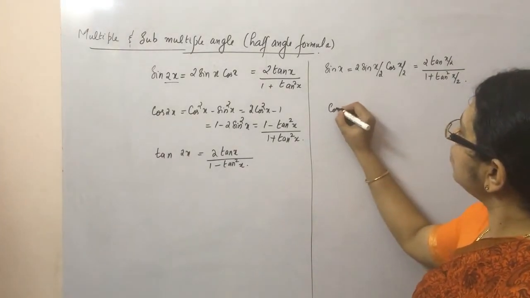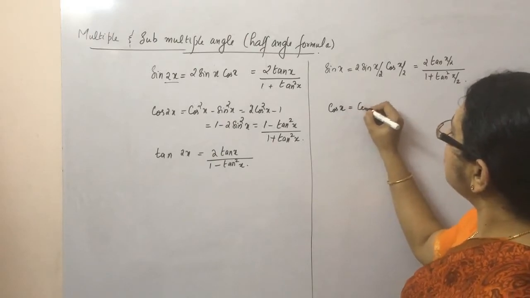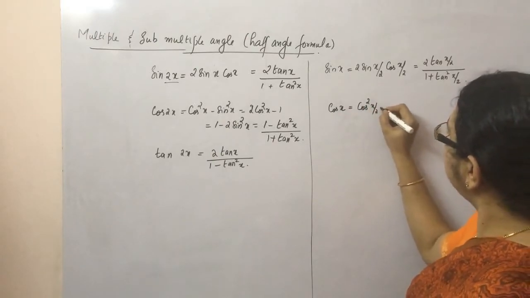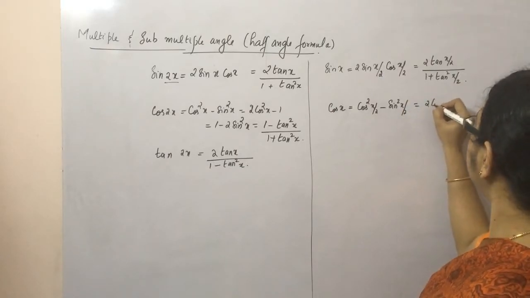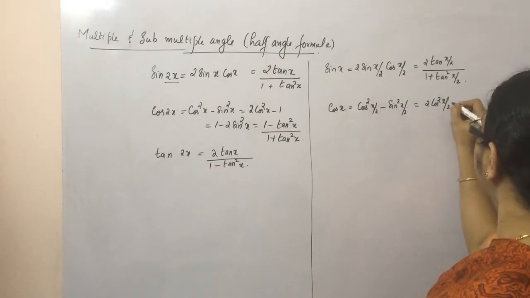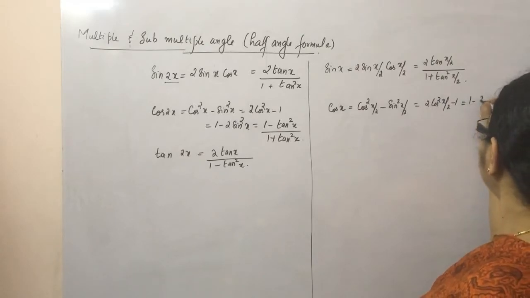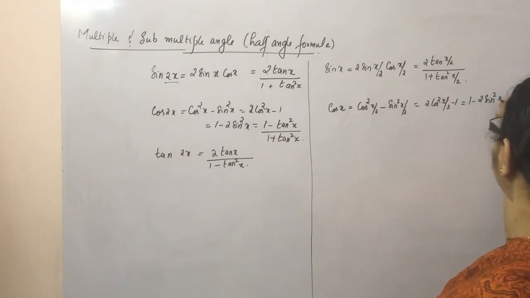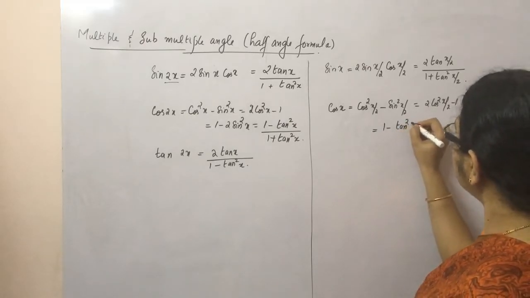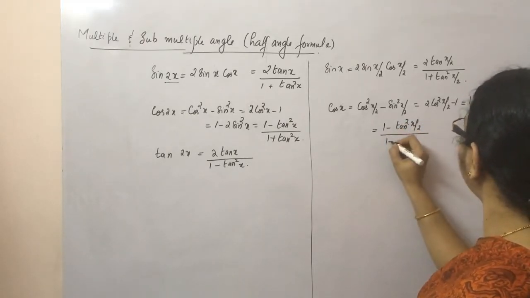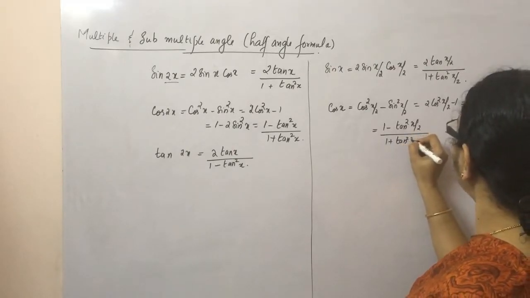Now coming to cos x, that is cos squared x by 2 minus sin squared x by 2, or it can be written as 2 cos squared x by 2 minus 1, or it can be written as 1 minus 2 sin squared x by 2. In terms of tan, 1 minus tan squared x by 2 by 1 plus tan squared x by 2.